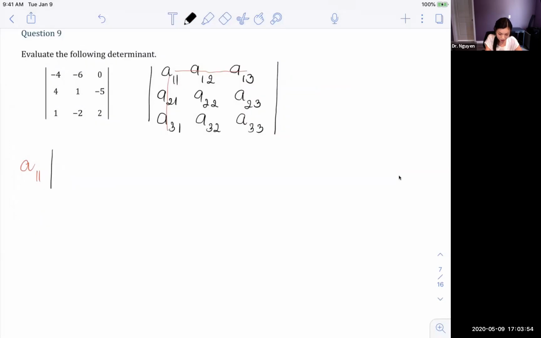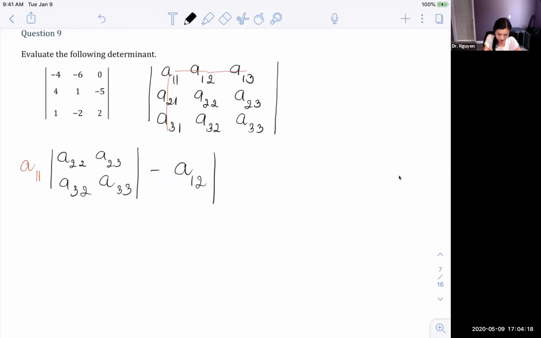then you do the determinant of the leftover, which is A22, A23, A32, and A33. All right, the next one is going to be a subtraction. So I'm going to do the exact same thing for A12.